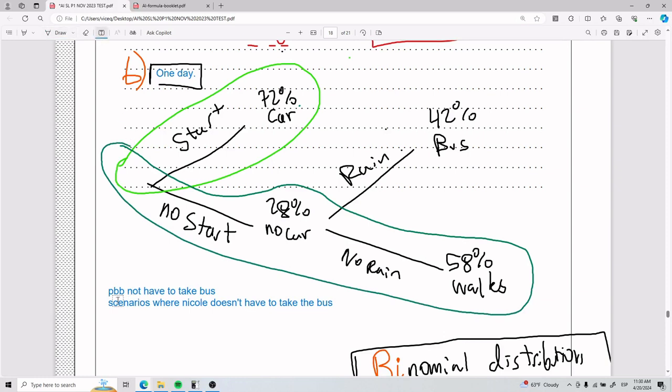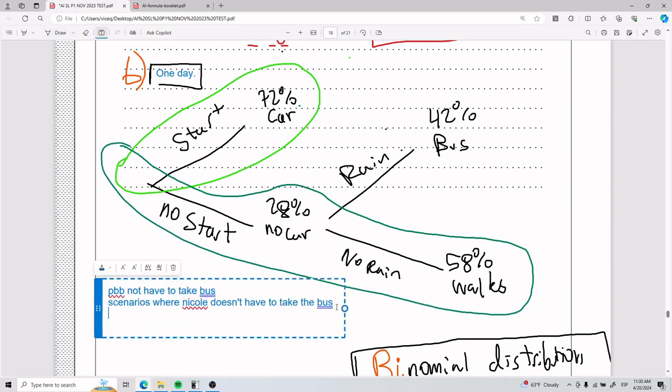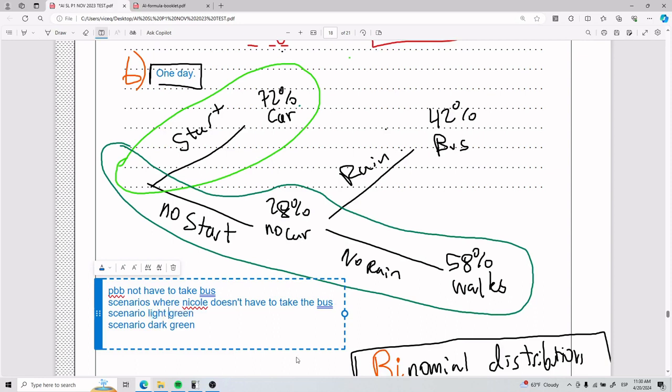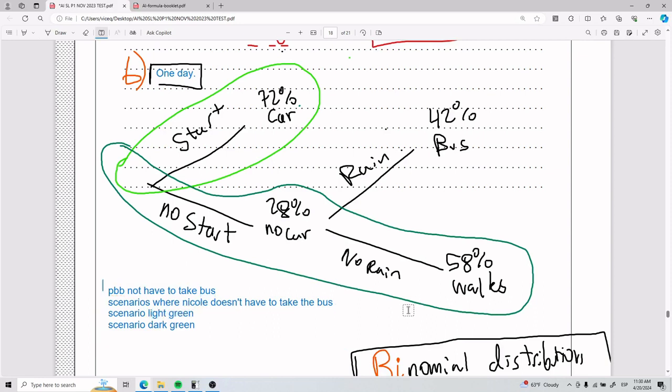And so from here, I'm going to have scenario light green and scenario dark green. And from here, you've got to find the probability of both. So what's the probability of light green? Well, quite simply, it's just 0.72. So there, the car starts right away. It's 0.72. Yes, it's that simple.